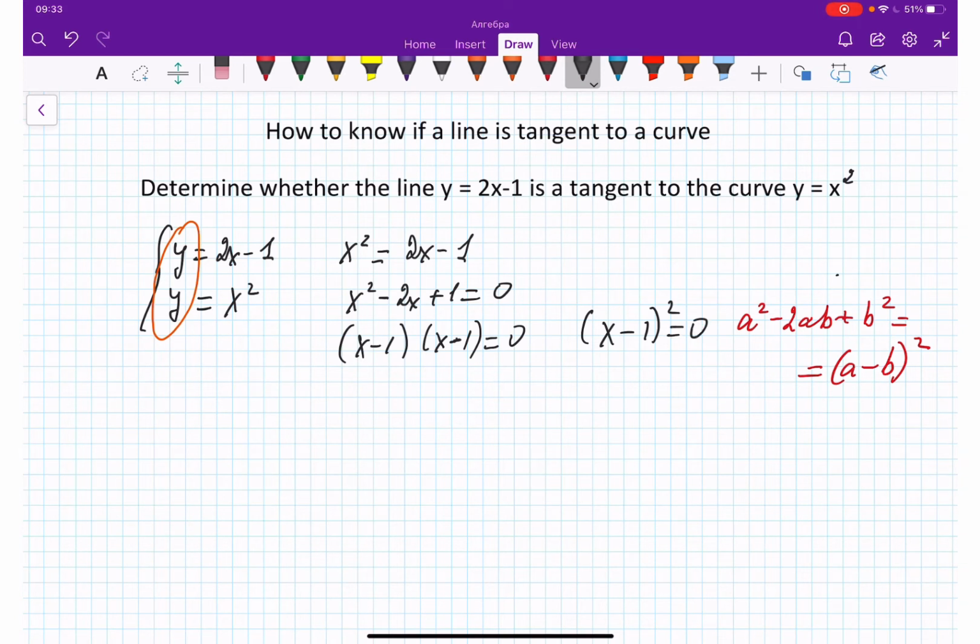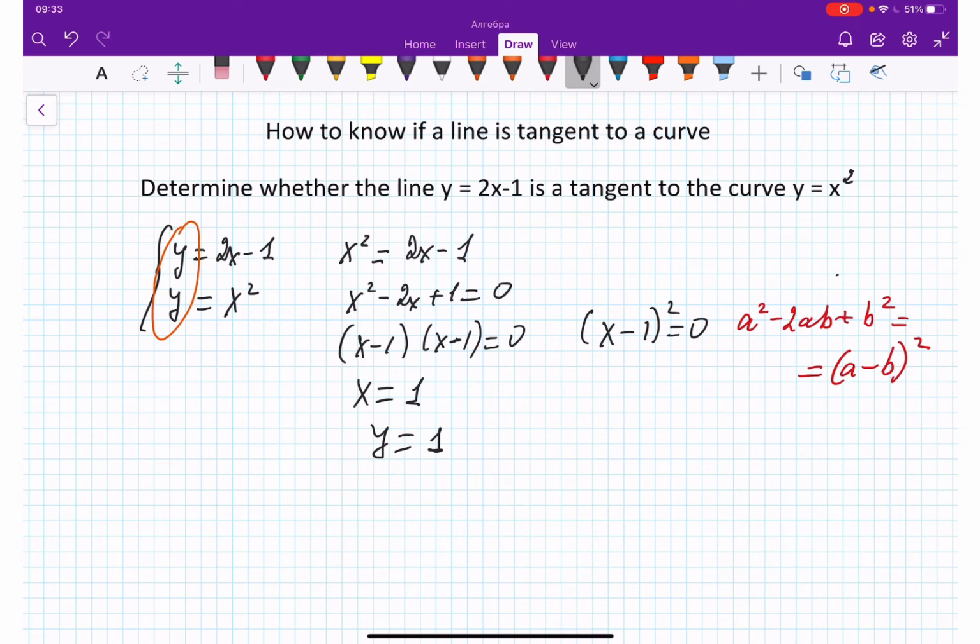One way or another, x is equal to 1. So when x is equal to 1, I'm plugging back into either one, the first one or the second one, and you get y is equal to 1.